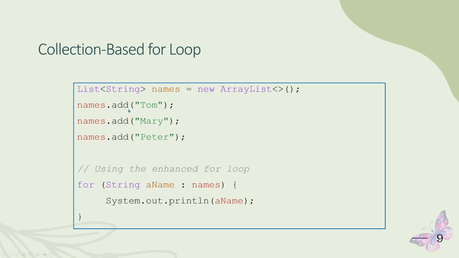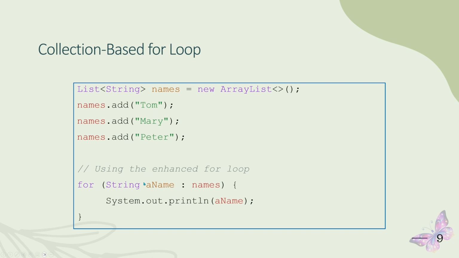For example, here you can see names dot add. We add three names to a list: Tom, Mary and Peter. If I want to access these specific names one by one, then I need to repeat this. For this we use the collection based for loop, and the syntax is: for, in brackets, String and then the variable name.